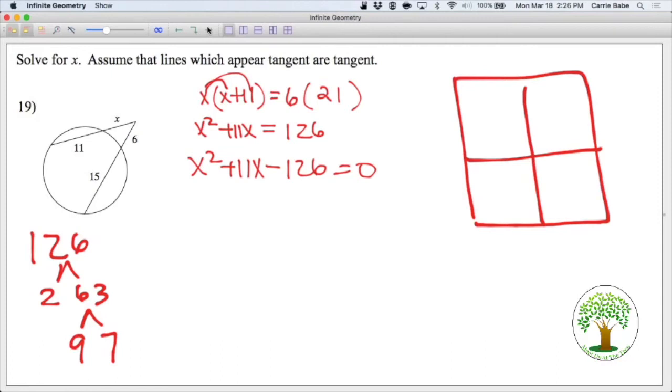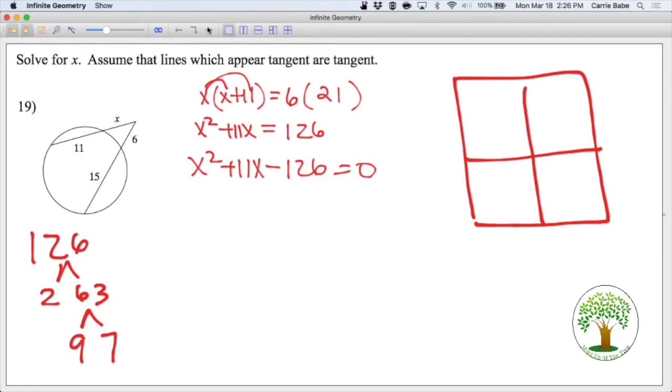No. 18 and 7. Because what I can do is multiply all these in any order. I can go 9 and 14, 18 and 7, 63 and 2. Which of those make 11? 18 and 7.